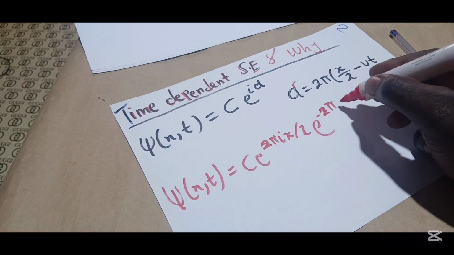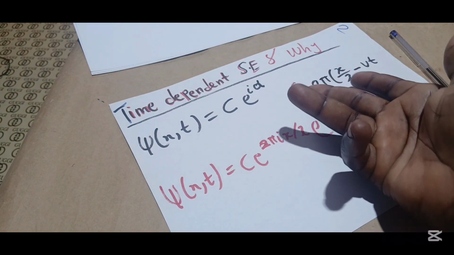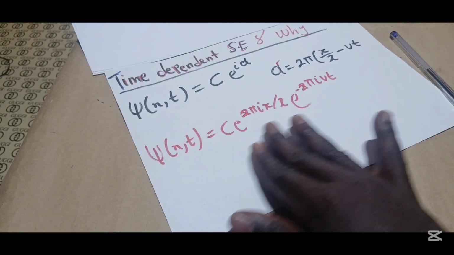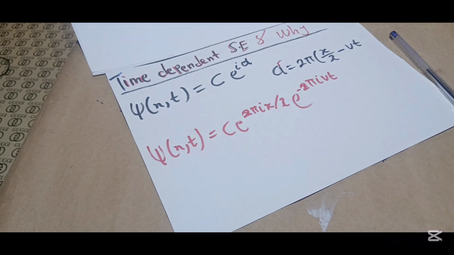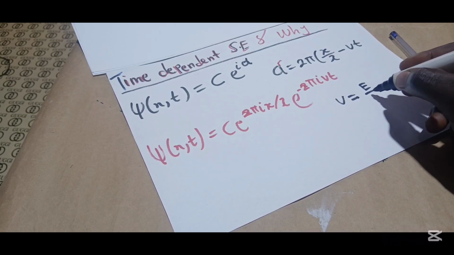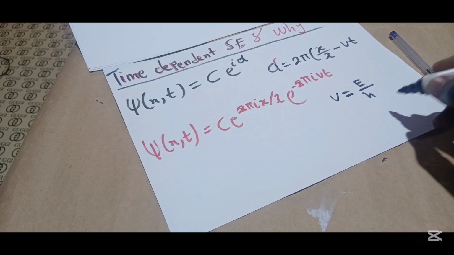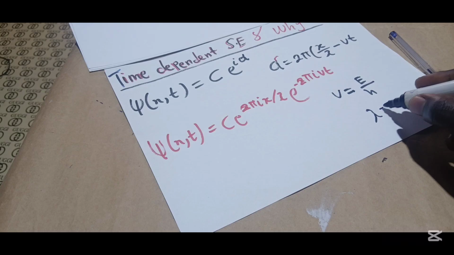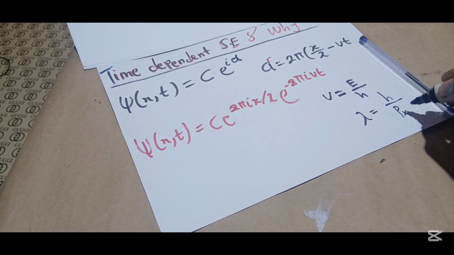Minus 2 pi i vt. So substituting the value of alpha into the wave function, this is how our wave function looks. Next, we are going to incorporate the Planck-Einstein relation, which is nu equals total energy of the system over Planck constant, and the de Broglie wavelength, which is equal to Planck constant over linear momentum in the x direction.